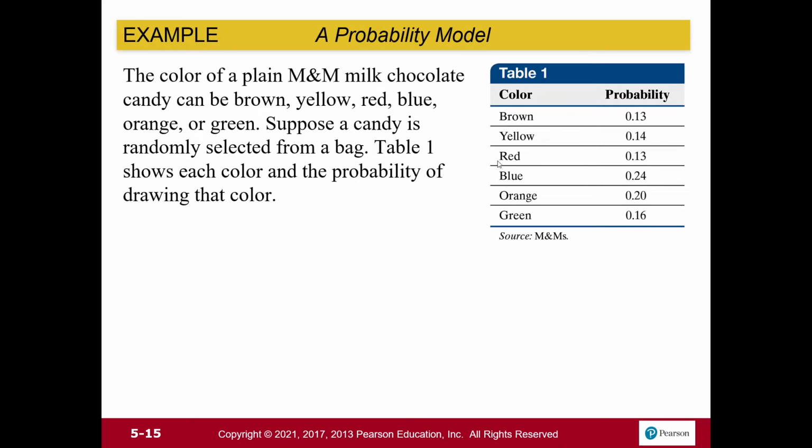So here we have basically a probability distribution table. The color of plain M&M milk chocolate candies can be brown, yellow, red, blue, orange, or green. Suppose a candy is randomly selected from a bag. Table 1 shows each color and the probability of drawing that color.